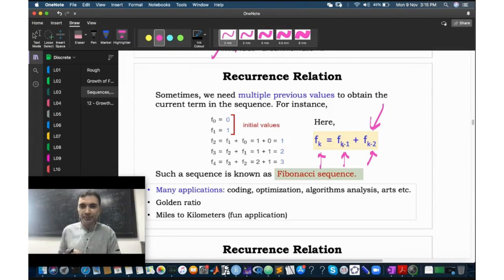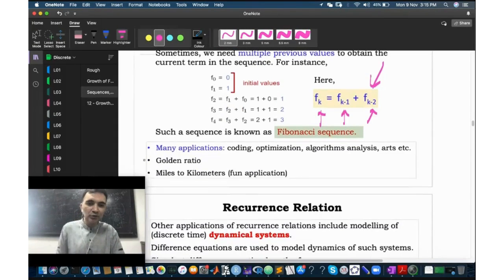Instead of analyzing the function जिसके अंदर recursion हो रही है, you analyze its recurrence formula, और recurrence formula tells you how to compute the value of the function. You can convert miles to kilometers, you can find the golden ratio. I'm not going into that, you must look them up.